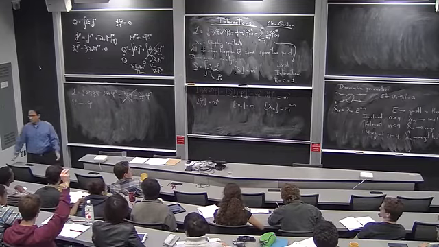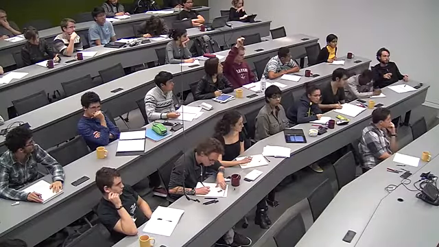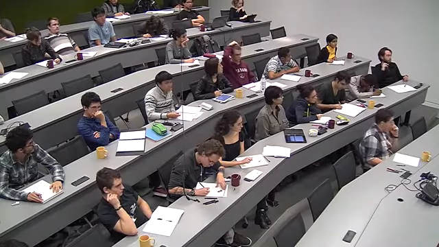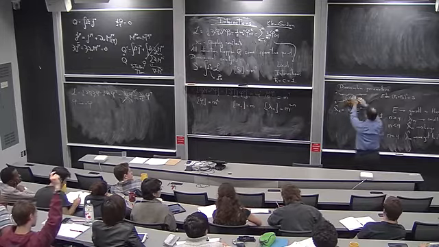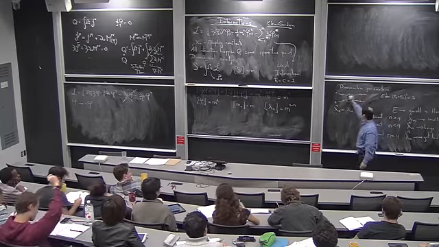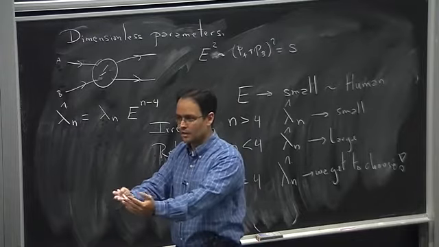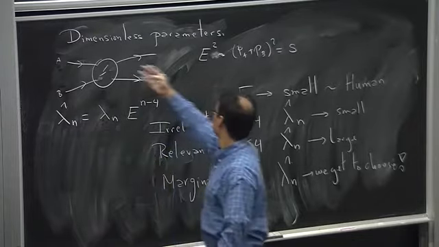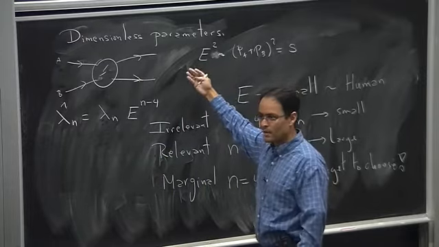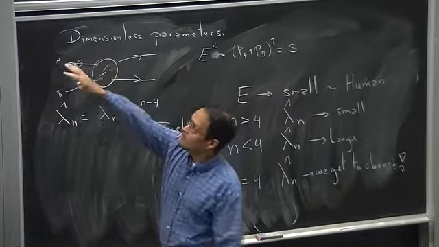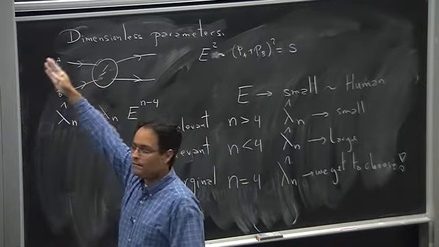Yes. Can you explain again why we only want dimensionless parameters like lambda hat? Well, it's only to say that when you compute any scattering process or any physical process, the relevant dimensionful scale is the energy. I'm not saying that the Lagrangian couldn't have all the other terms.